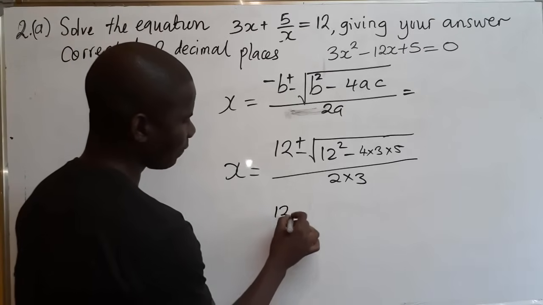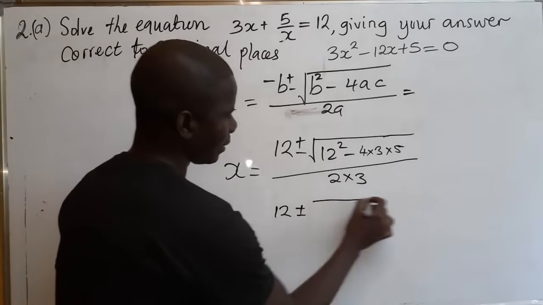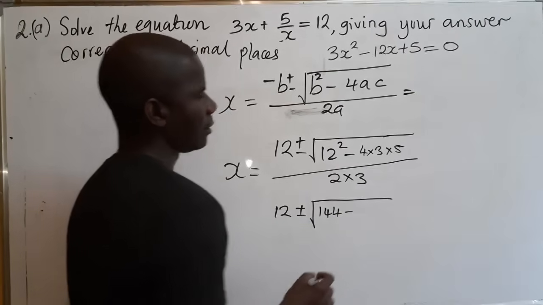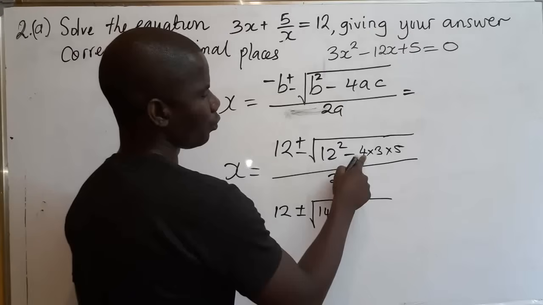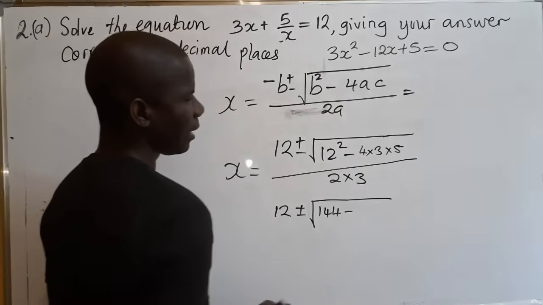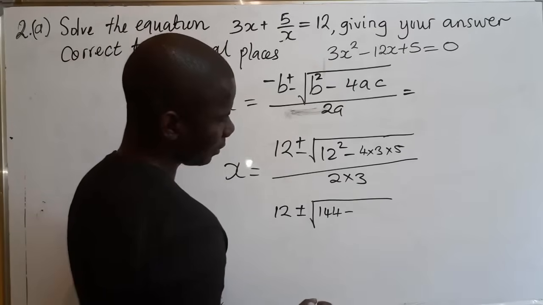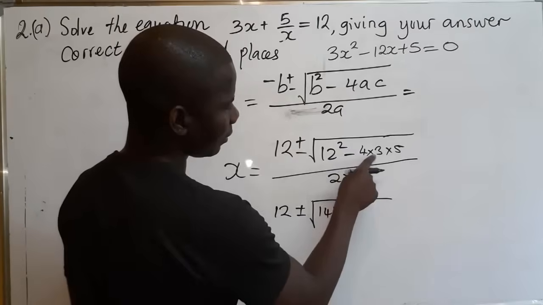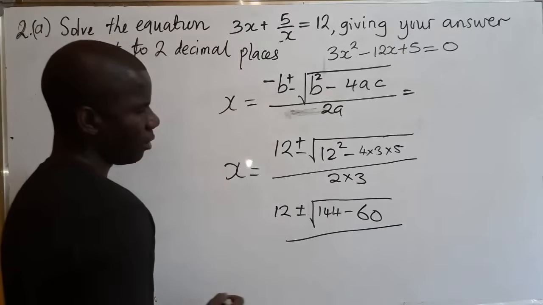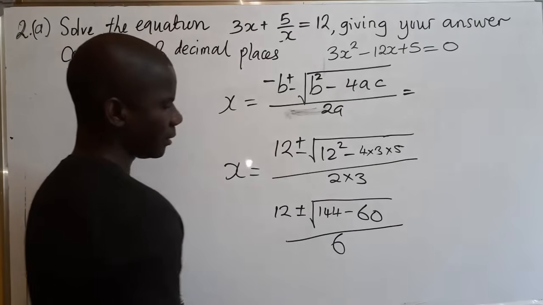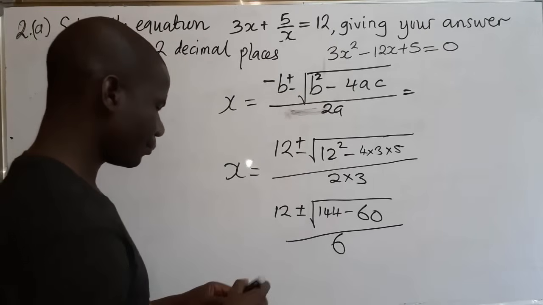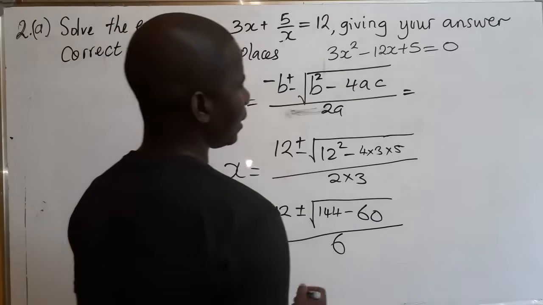This gives us 12 plus minus the square root of 144 minus, 4 multiplied by 3 gives us 12, 12 times 5 gives 60, over 6. Are we there?